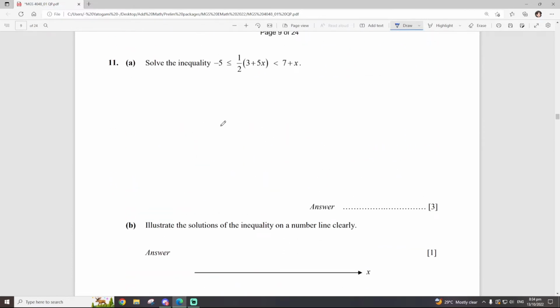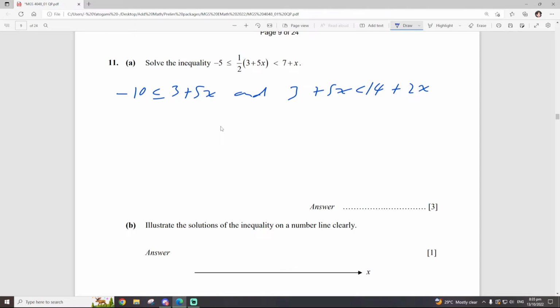Solve the inequality. Okay, there's a standard approach to this. So we split the inequality in two and solve them separately. So let's multiply by 2 on this side. -10 is less than or equals to 3 plus 5x. And we'll do the multiplication on this side also. So 3 plus 5x is less than 14 plus 2x. Okay.